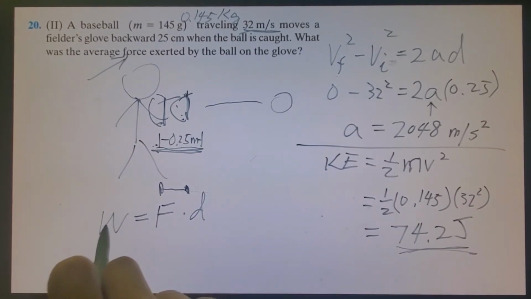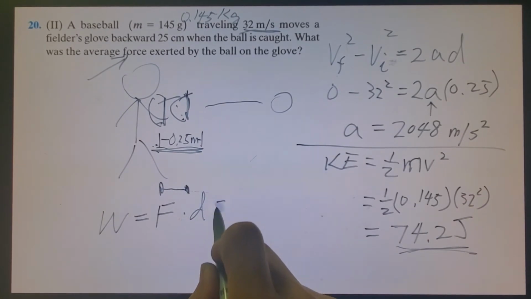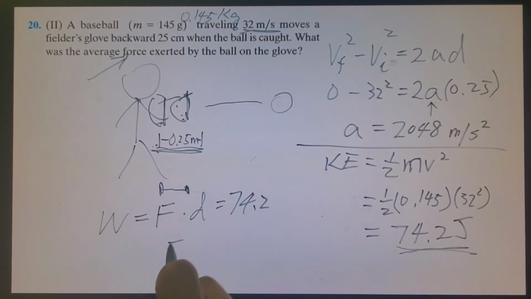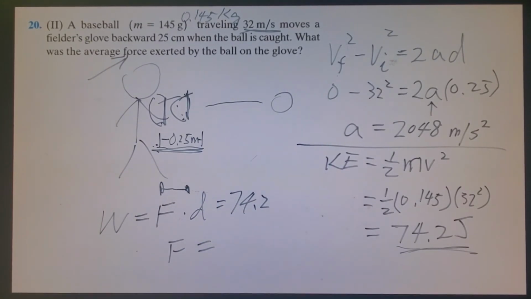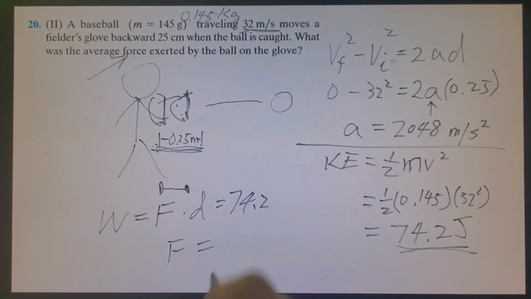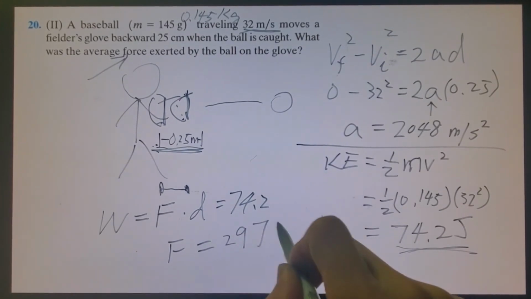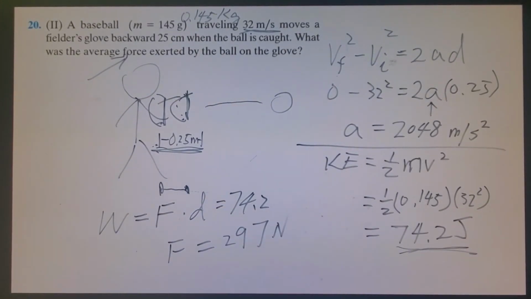Work is energy, equal to kinetic energy, so that would be equal to 74.2. In this case, if you want to get the force, you can have 74.24 divided by the distance, so you divide it by 0.25. So the force over here is 297 Newtons. That would be the force.